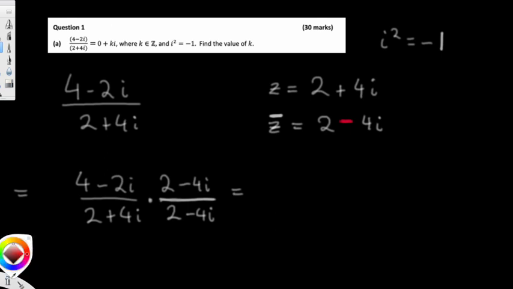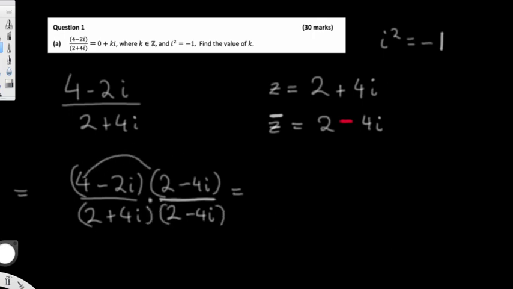So we'll just multiply out the top line. It's going to be 4 times 2, 4 times 4i, and then minus 2 times 2 and minus 2 times 4i. So that gives me 8, and then minus 16i, and then minus 4i, and then minus 2 by minus 4 will be plus 8, and then i squared.